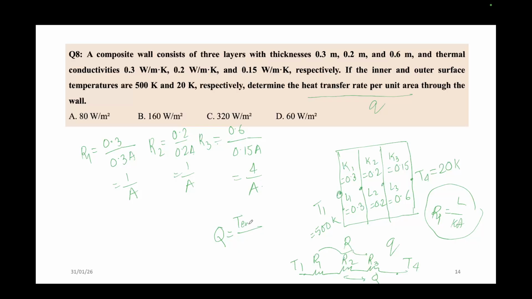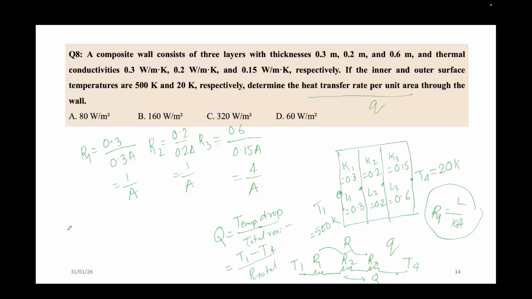Temperature drop by total resistance. Temperature drop is T1 minus T4 by R total.